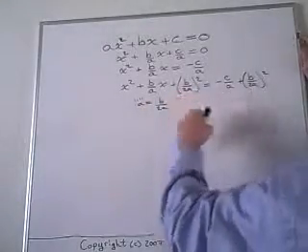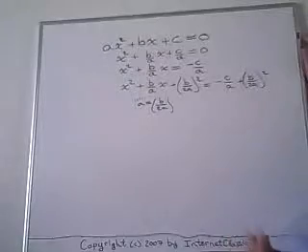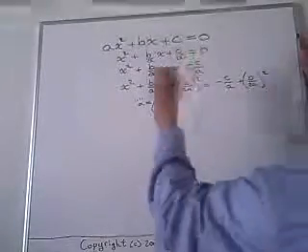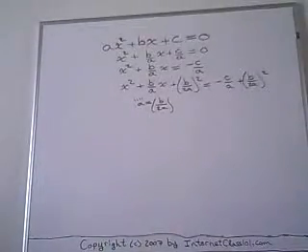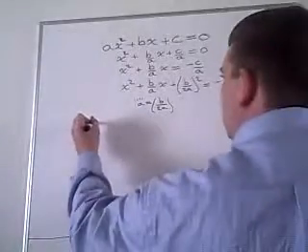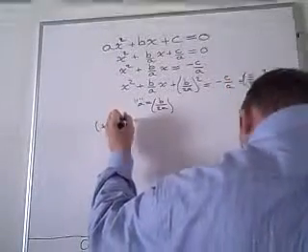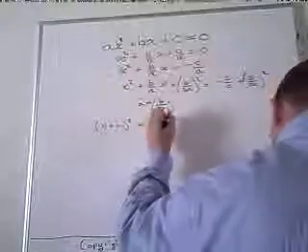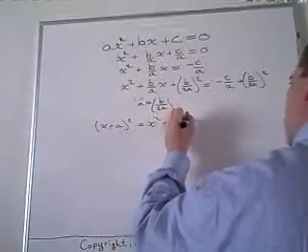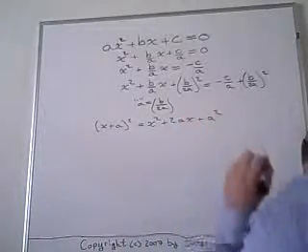These are two different a's. Remember from last time we reminded ourselves that if we have x plus a squared, that can be expanded to give x squared plus 2ax plus a squared. Remember that?